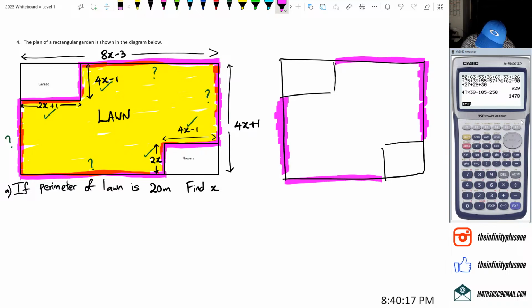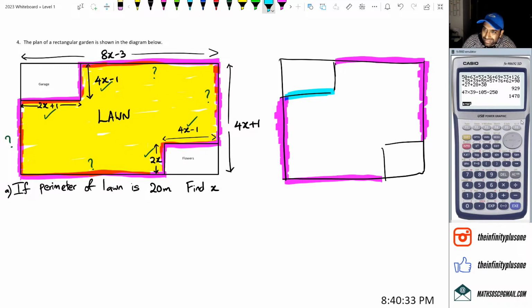I'm just going to look at those outside parts. Now imagine this part here, highlighted in blue, just gets moved right up.